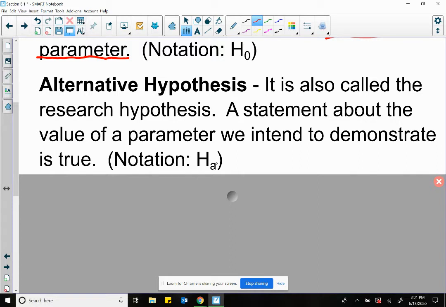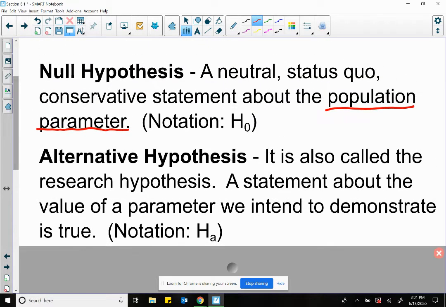It is capital H with a lowercase a. We call it Ha. So our null hypothesis, H naught. Our alternative hypothesis, Ha. Okay? Again, this is about a parameter, which means it's about the population.